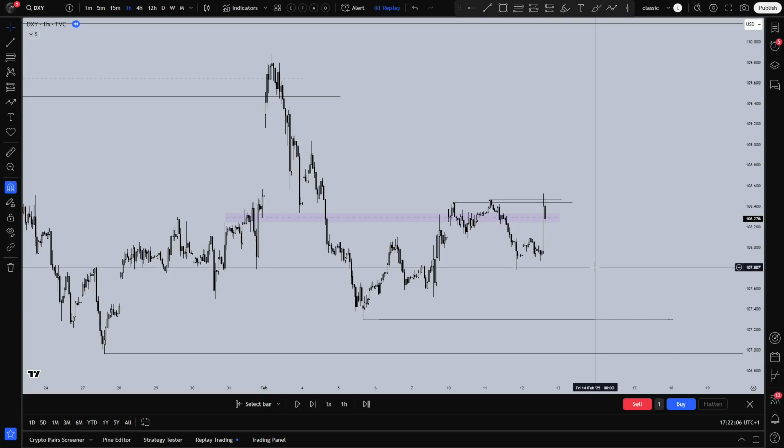So now what do we want to see if we anticipate this to be a manipulation? We want to see a daily close below the fair value gap, meaning we're respecting the daily key level, and we want to see price also giving an hourly change in order flow, which would be a close below here, right?